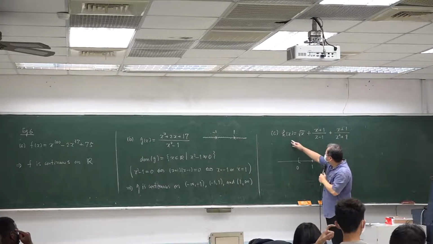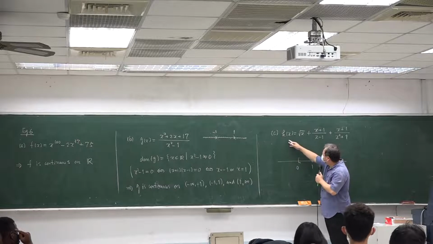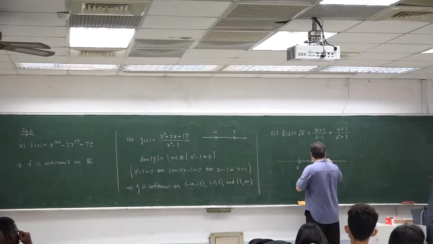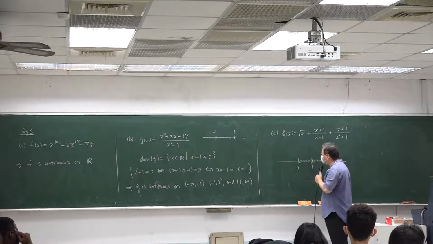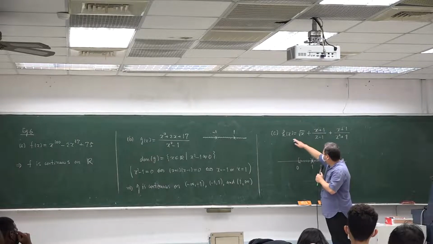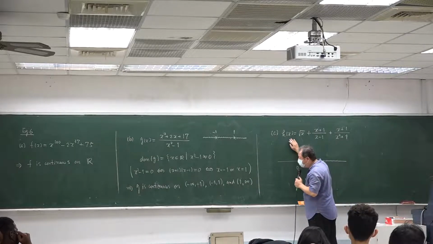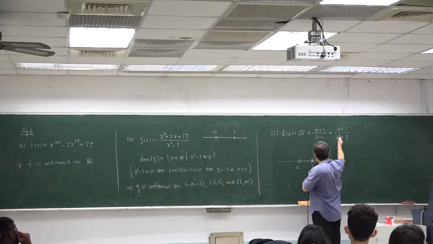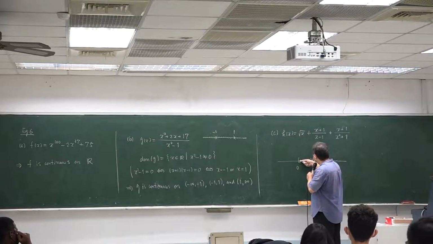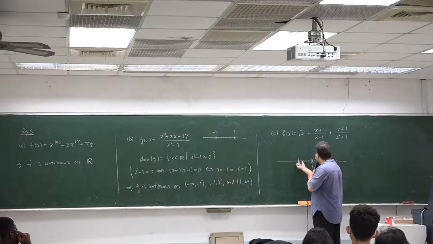So in order for h(x) to be defined, x must be positive and distinct from 1. Once the value h of x is defined, the function will be continuous there, especially at 0. This one is continuous from the right, and this one is continuous from both sides.